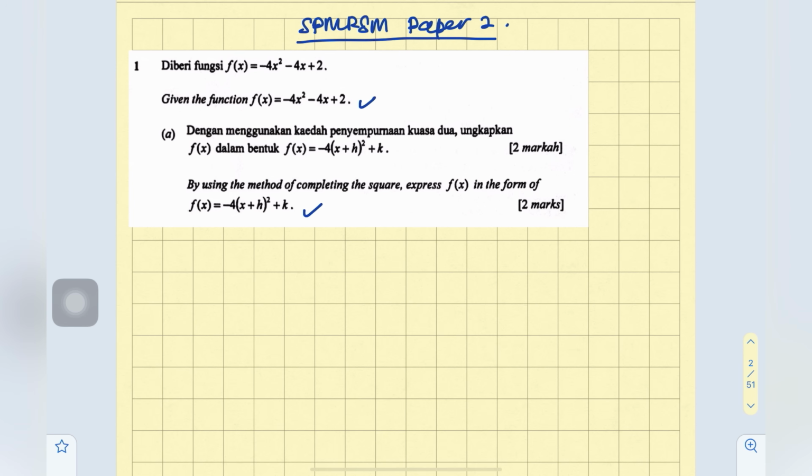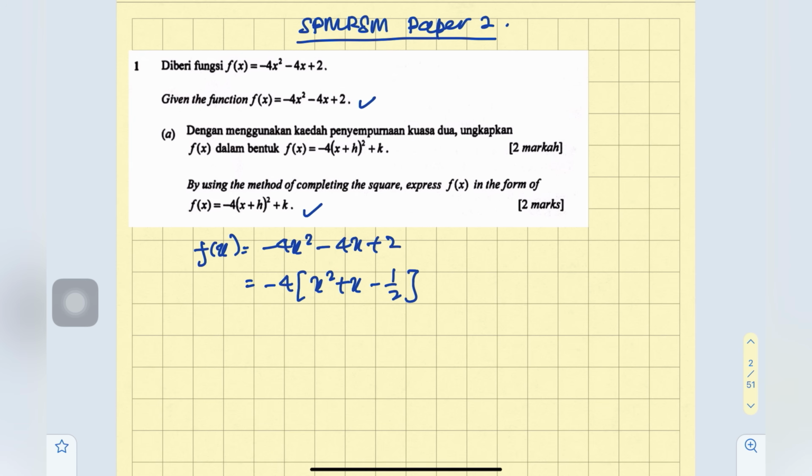Okay, so from the function f(x) equals negative 4x squared minus 4x plus 2, first step, we must make sure A is 1. So we factorize negative 4: x squared plus x minus 1 over 2.